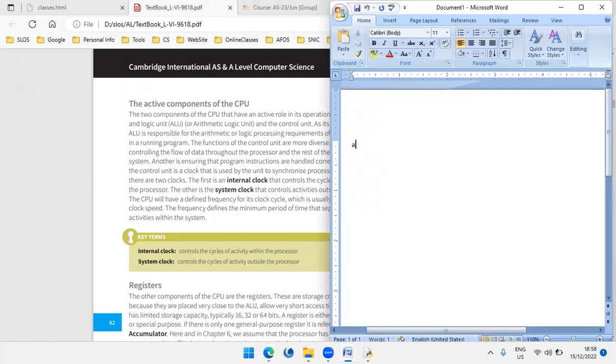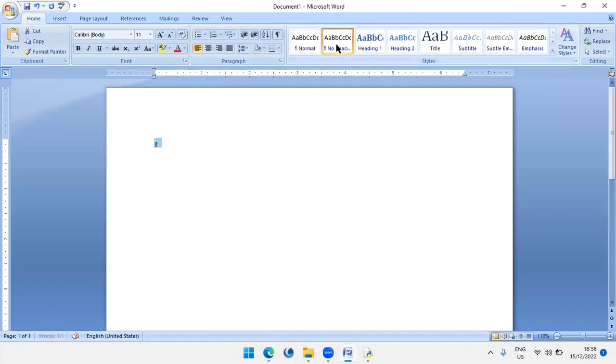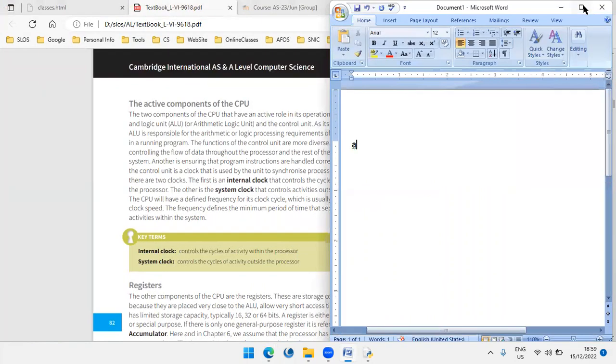Now there's one process. A is very small. A equals 10, right? One instruction.